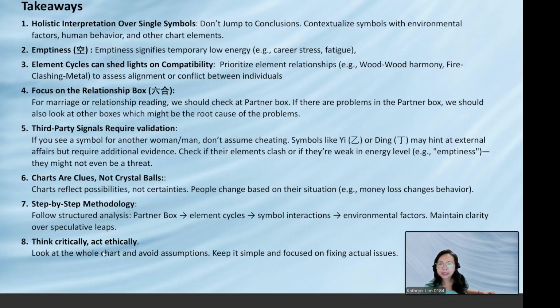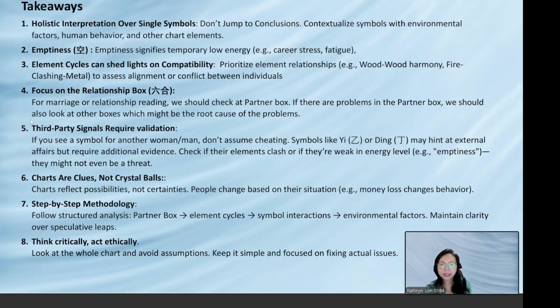And then, third party. Usually when the husband or the boyfriend has some issue, the first thing most women would suspect is, oh, he must be cheating outside, he must have a mistress or girlfriend outside their original relationship, and then start looking for Ting. However, if we see Ting and E in the box, we should seek further validation.